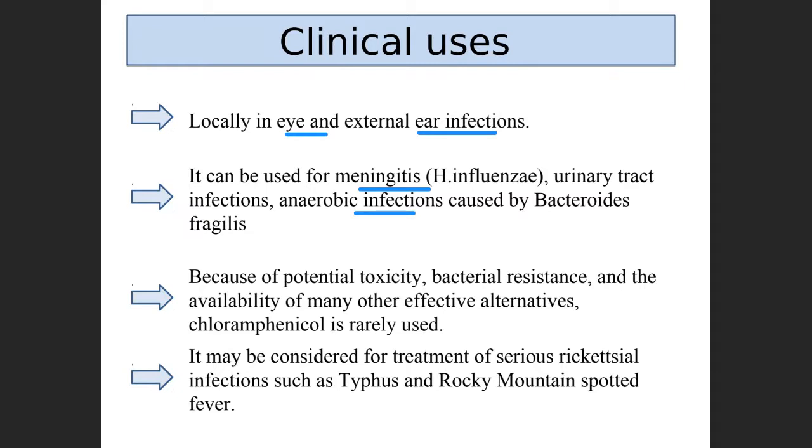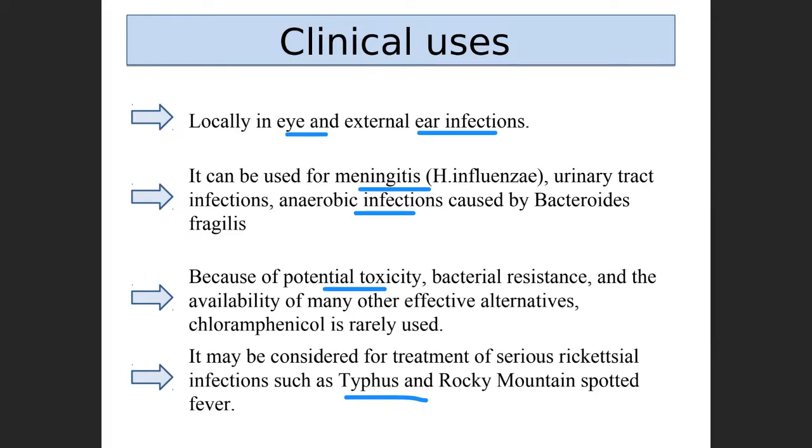Because of the development of bacterial resistance and because of certain toxic effects, there are other alternatives which are present, which can replace chloramphenicol. However, it is used in the treatment of typhus fever and Rocky Mountain spotted fever.